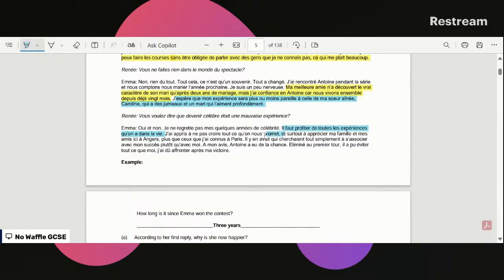So here there's got this idea of promises. Surtout à apprécier ma famille et mes amis ici à Angers. Plus que j'ai connu à Paris. Il y en avait qui cherchent tout simplement à s'associer avec mon succès plutôt qu'avec moi.